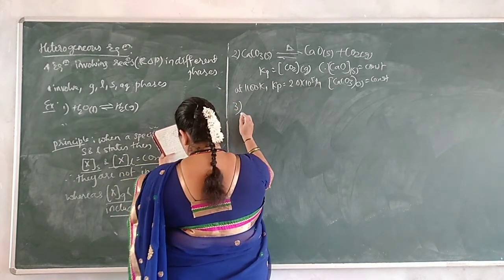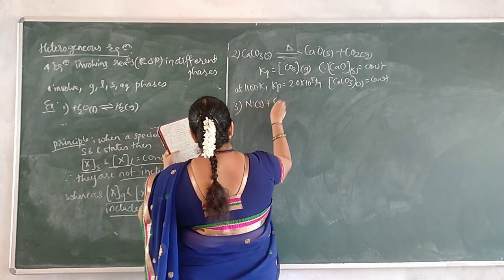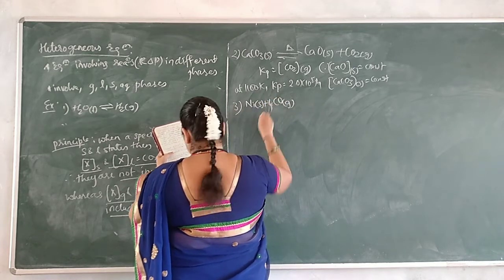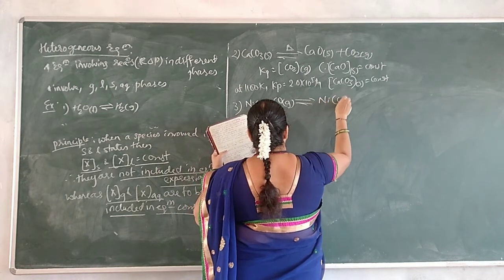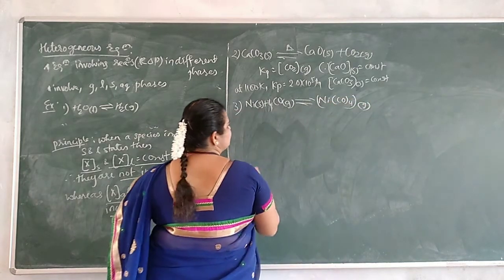Now third example, Ni solid plus 4CO gaseous reversibly giving rise to Ni(CO)4 gaseous. This is a complex formation.